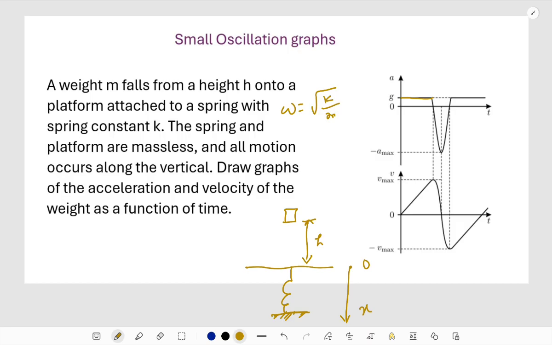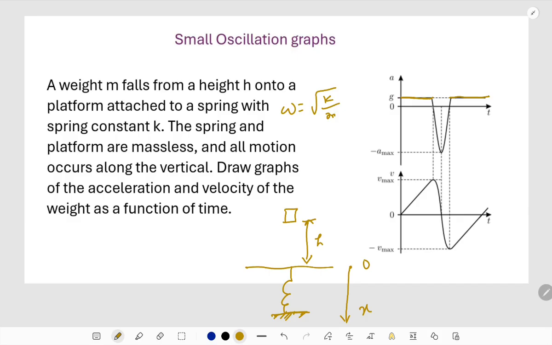So you can see here the acceleration is initially constant and then decreases and increases again and becomes g again. This is the whole process of acceleration with respect to time.